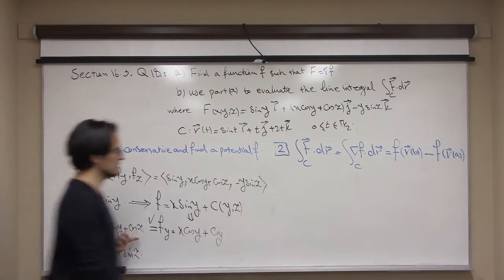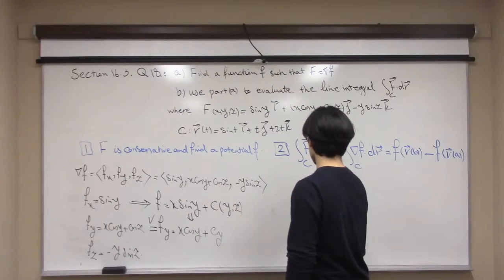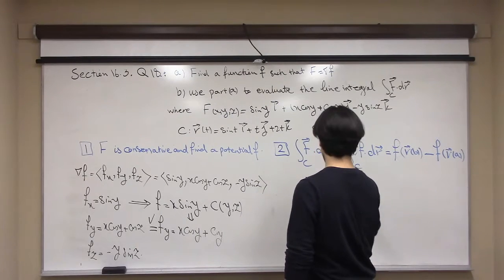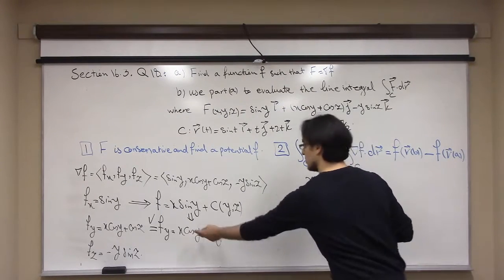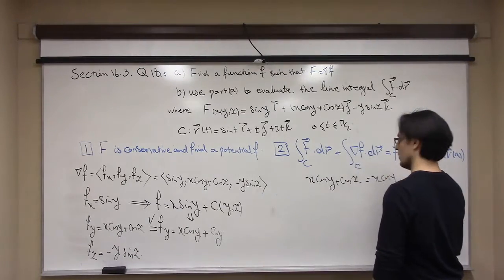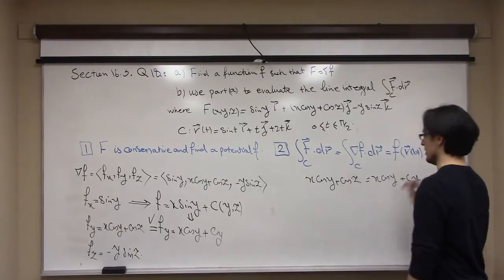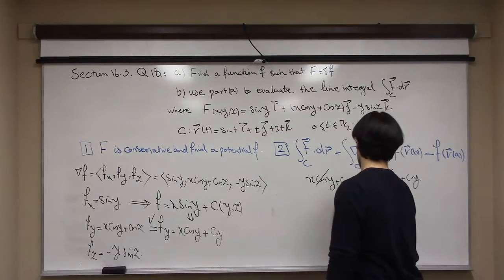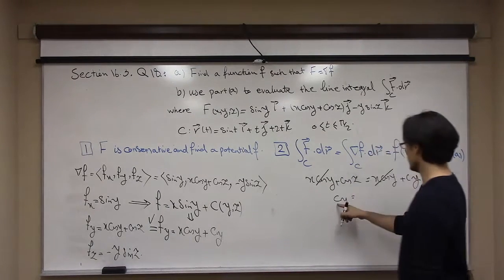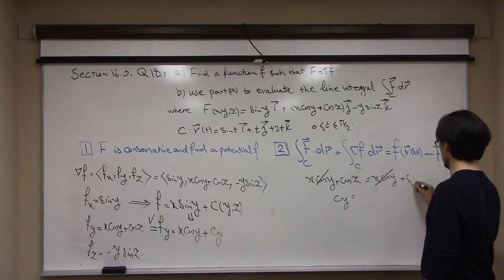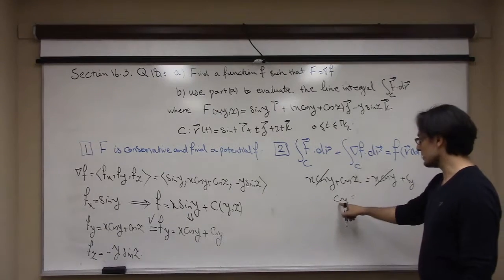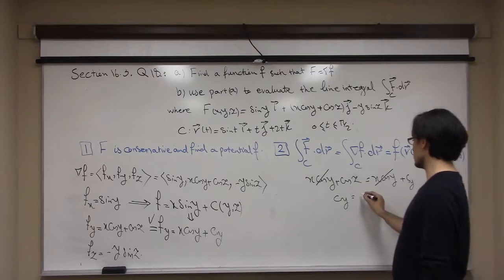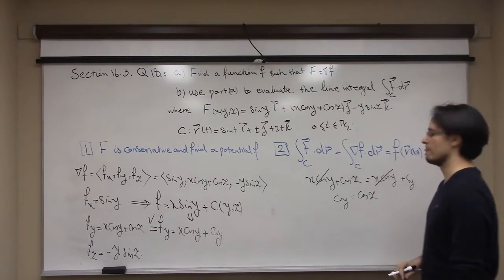What does it say? It says that x cosine y plus cosine z should be equal to x cosine y plus c sub y. Okay, then I can cancel these two. That means c sub y, the partial derivative of that function with respect to y, should be equal to cosine z.